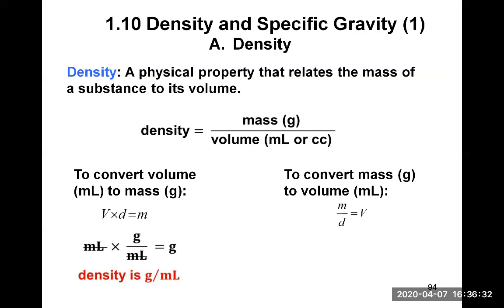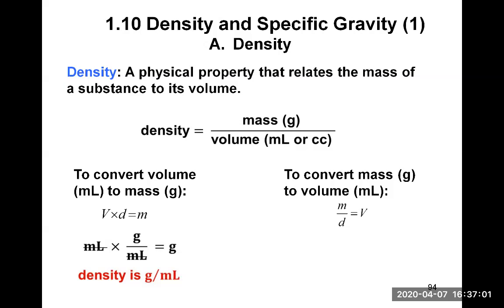From density equals mass over volume, you multiply both sides by volume, and you obtain volume times density equals mass, like we have on the left side here. Next you divide both sides by density, so that volume is by itself. And so mass over density is equal to volume.